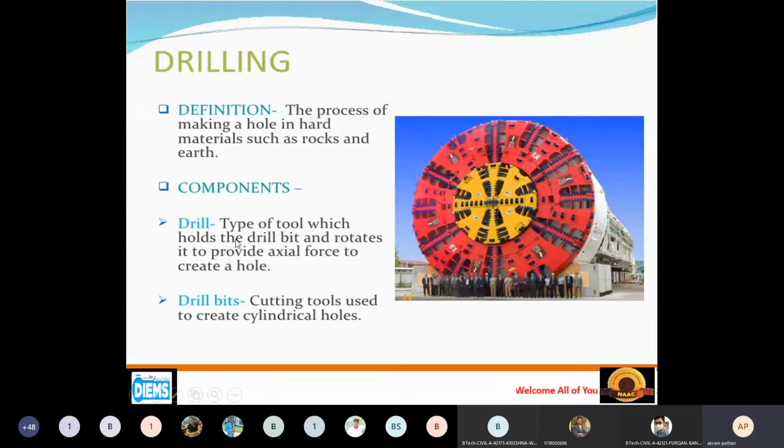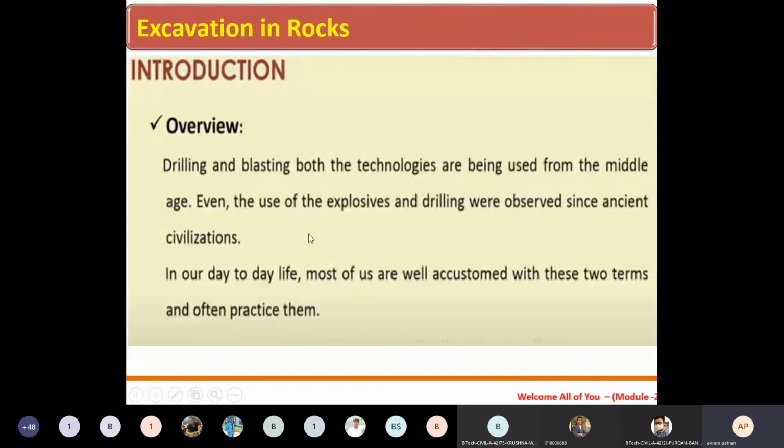What do you mean by drill? The tool which holds the drill bit and rotates it, providing axial force to create a hole, is known as a drill. And what do you mean by drill bit? The cutting tool used to create a cylindrical hole is known as a drill bit. We will discuss the component parts after looking into the overview.